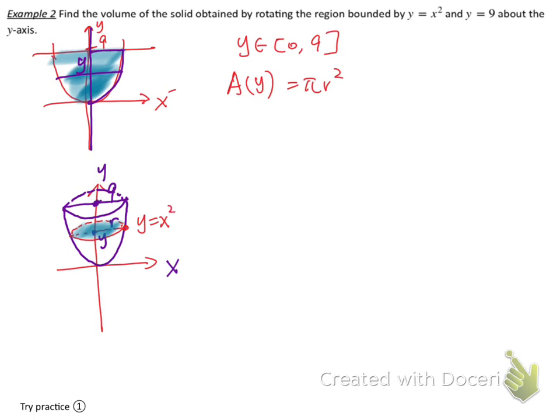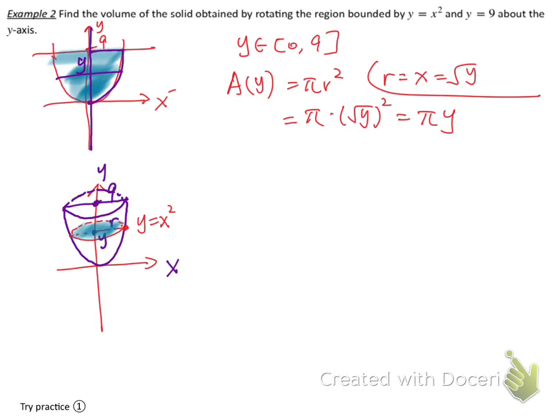So r equals x, which is square root of y. So the area at y value, A of y, will be pi times r squared, radical y squared. That is pi y.